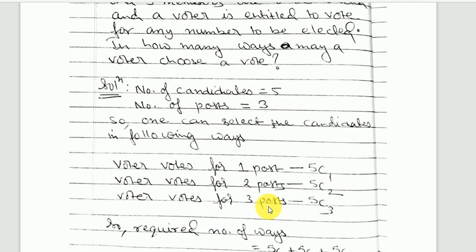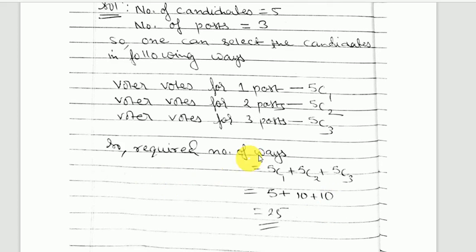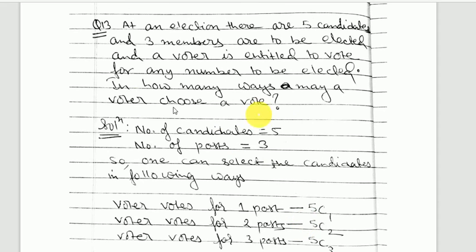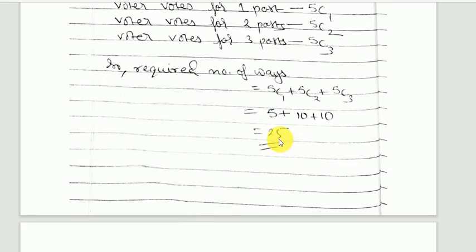Now suppose he decides to elect 3 members. That selection out of 5 candidates can be done in 5C3 ways. So the required number of ways is 5C1 plus 5C2 plus 5C3, which comes to 25 ways. So the voter can choose the vote in 25 ways.